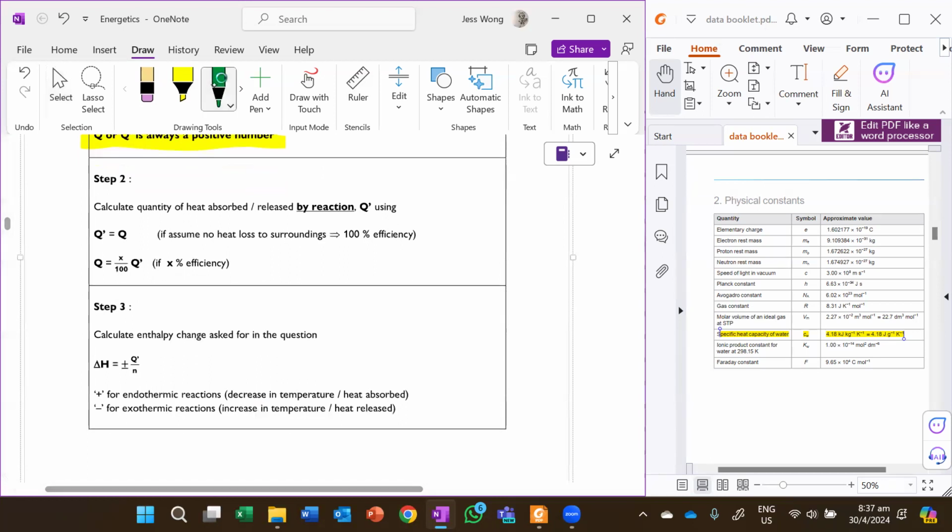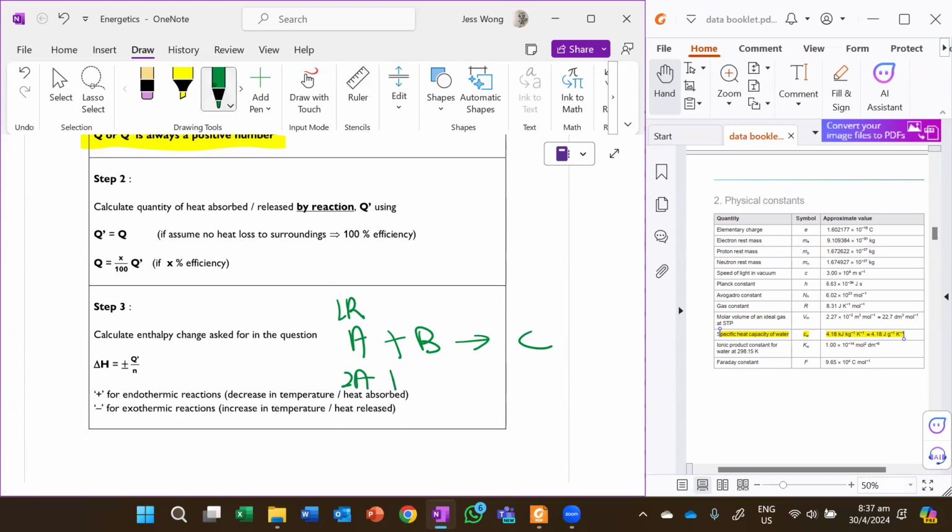For example, if the reaction is written in this manner and your limiting reagent is A, then the delta H will be whatever you have calculated. But if the equation was something like this, and your limiting reagent is still A, what you calculated is per mole of A. Since your equation has 2 moles of A, you will have to multiply by 2. All right.